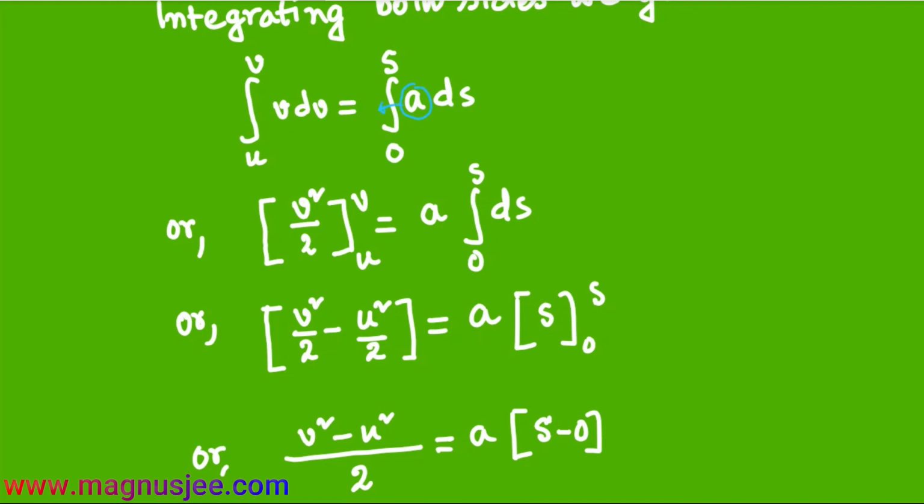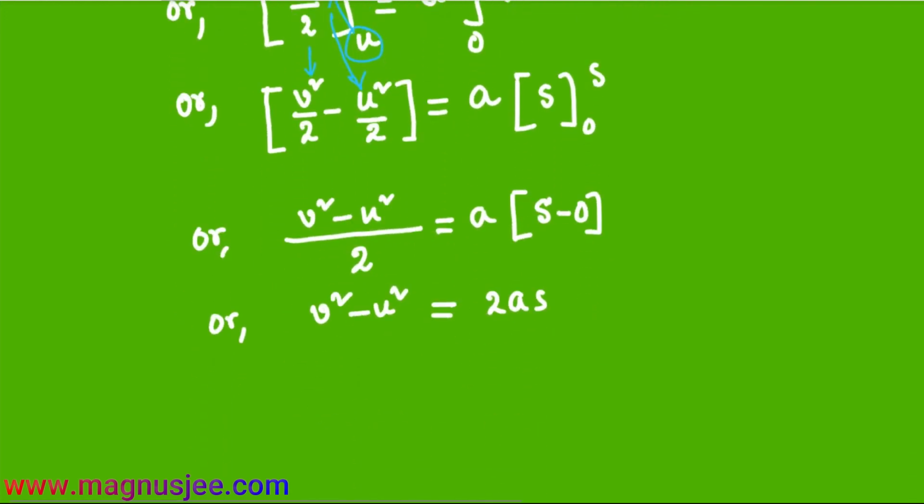Here a is constant, so we can bring a outside the integration sign. Putting the upper limit v in place of v, we get v square by 2, and putting the lower limit u, we get u square by 2. So v square by 2 minus u square by 2.